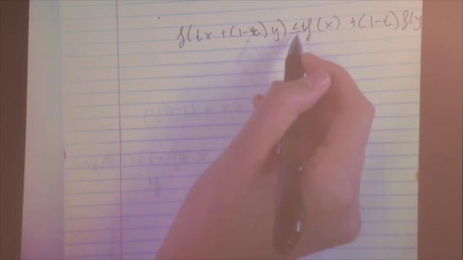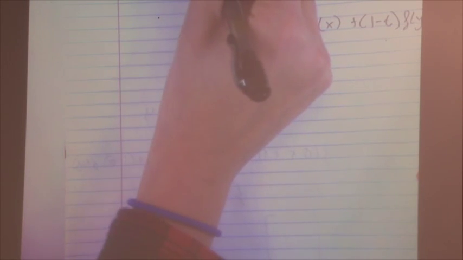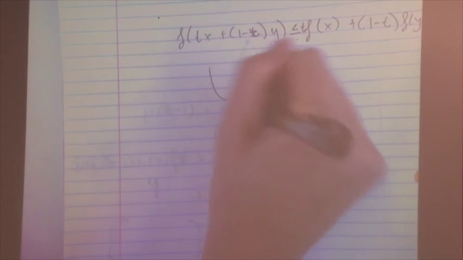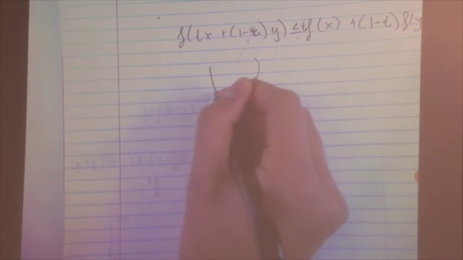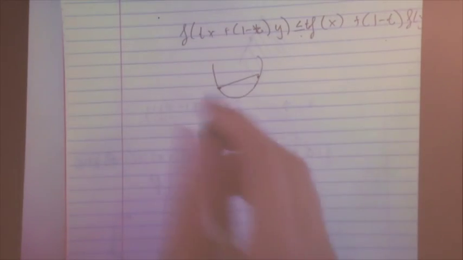So with simple convexity, this is a less than or equal to, right? And this is just saying that any line I draw connecting 2 points is going to be above my function.